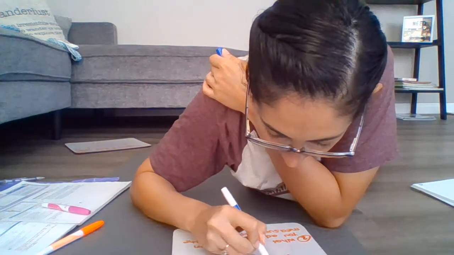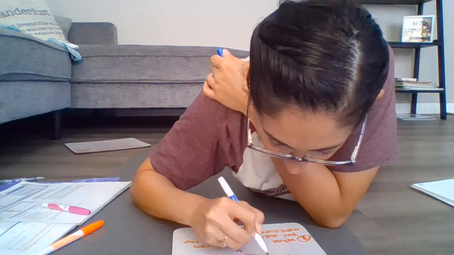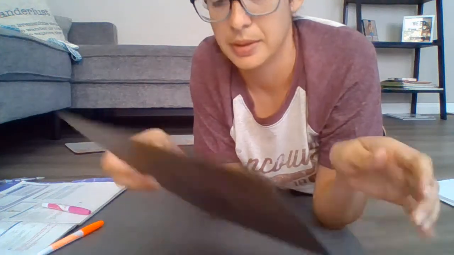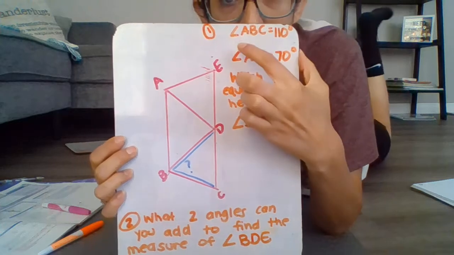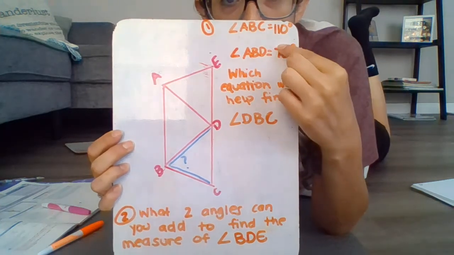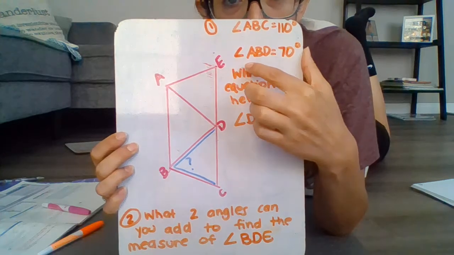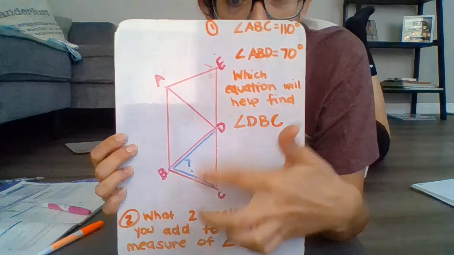So I need to find DBC. I don't know that. Okay. But the problem tells me that angle ABC is equal to 110 degrees and angle ABD is equal to 70 degrees. So I'm going to label that here.